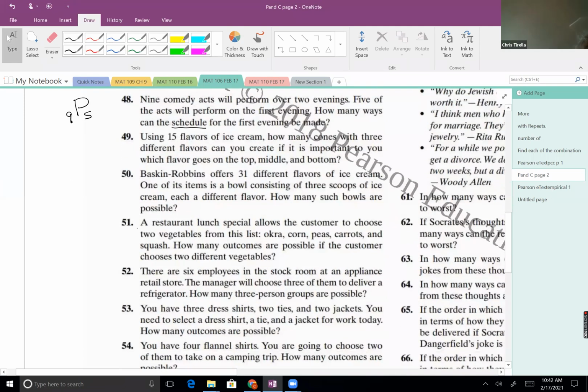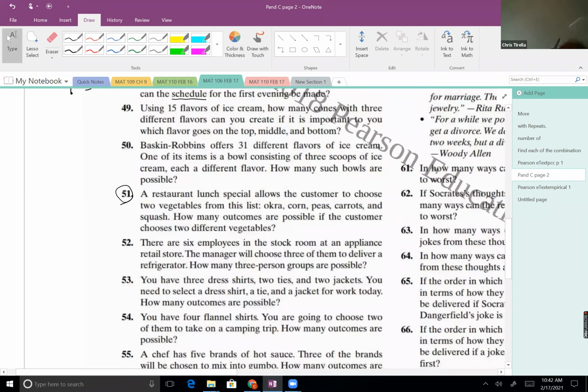Let's scooch down to 51. 51 says a restaurant lunch special allows the customers to choose 2 vegetables from the list of okra, corn, peas, carrots, and squash. How many outcomes are possible if the customer chooses 2 different vegetables?